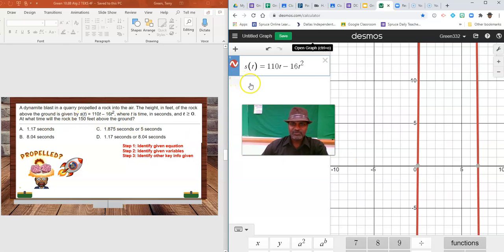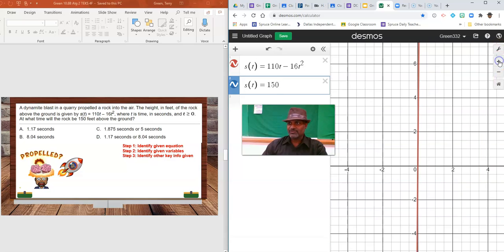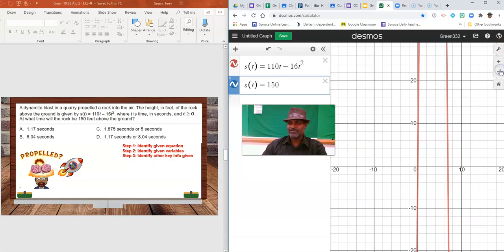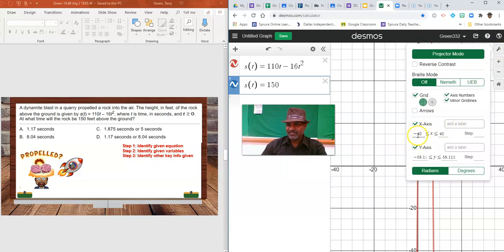So this is where I'm going to ask, when would the rock be 150 feet up? Now I can't see it. You know why? Because I can only go up to 10 feet in this graph. So you can either zoom out, but now the graph is getting really skinny and hard to read. I don't like that. So I'm going to go back and put in the axes I want.